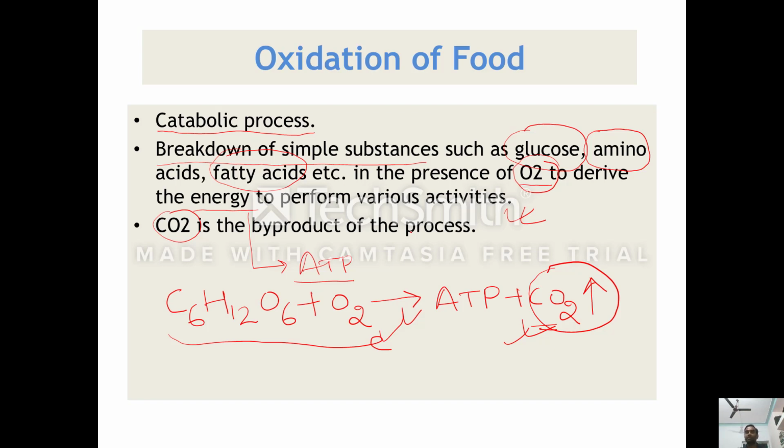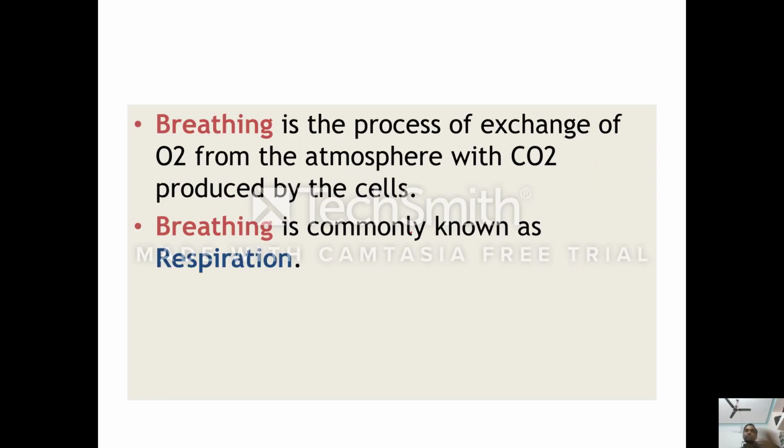When we breathe out, that process is called exhalation or expiration. And when we breathe in, that process is called inspiration or inhalation. These two processes combined are called breathing.